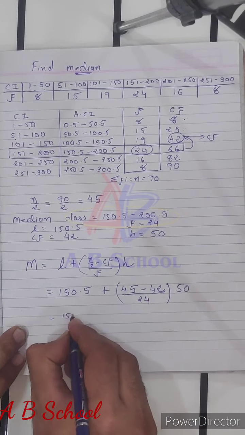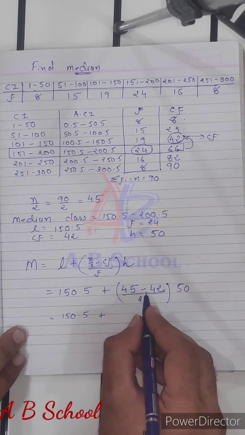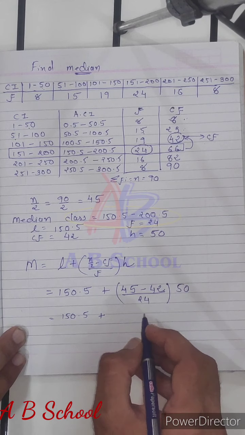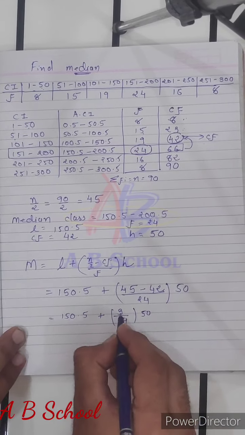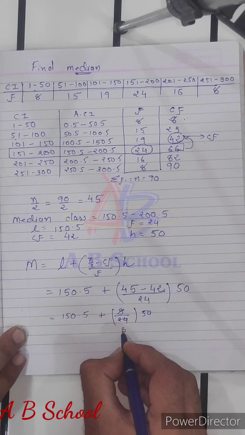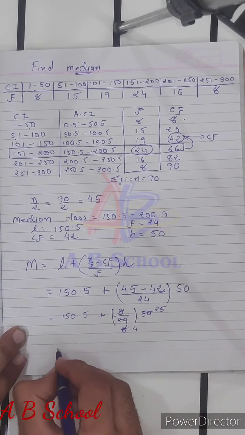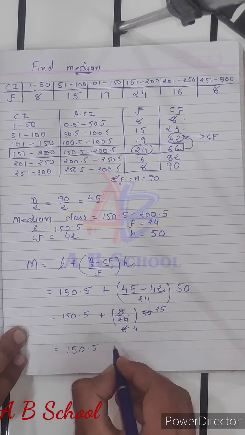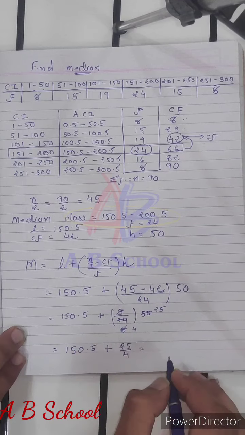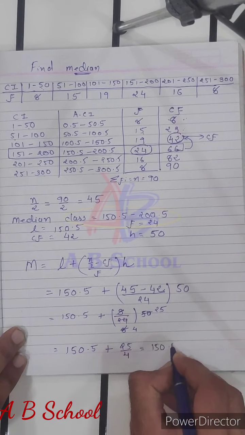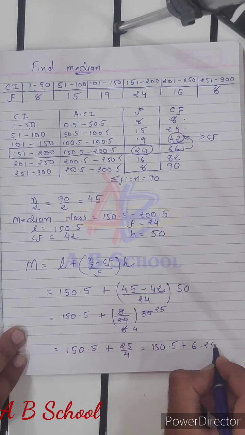So leaving aside the 150.5, this is 45 minus 42, that is 3, divided by 24 into 50. 3 eights are 24, 25 twos are 50, so 150.5 plus 25 by 4. 25 by 4 is 6.25.